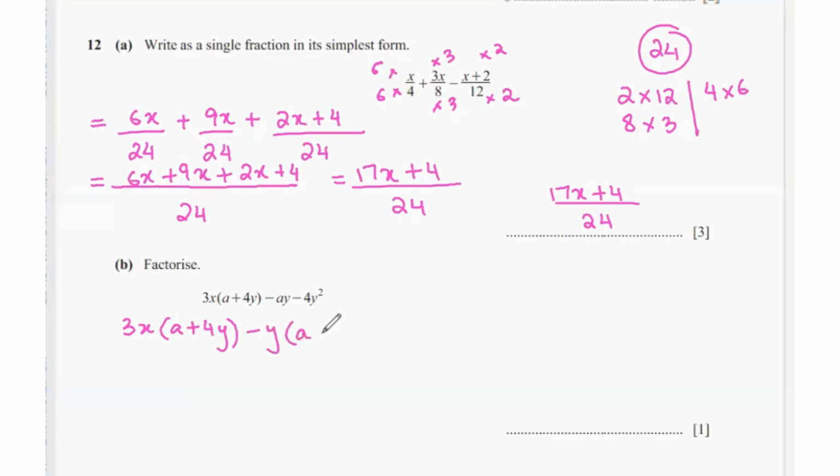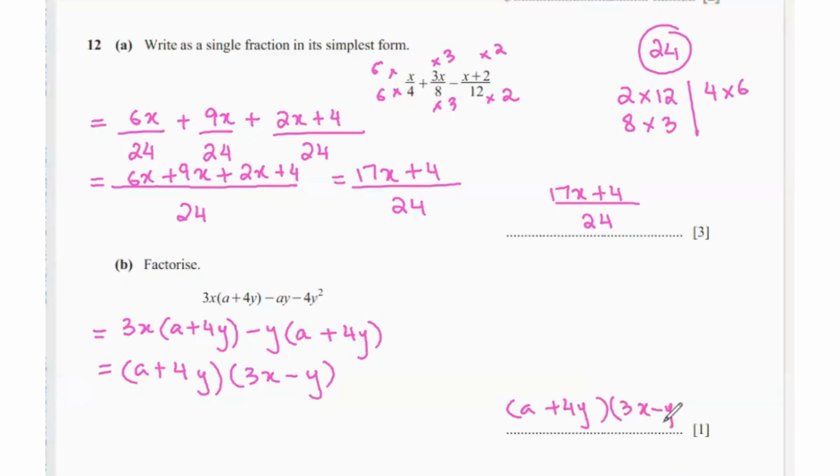So that's a plus 4y over here as well. Now both 3x and negative y share a plus 4y as a common term. So we can take that common from both, and that leaves us with 3x minus y in the second bracket. So this is your fully factorized answer.